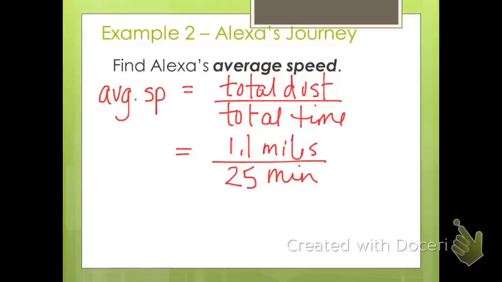And if we assumed that on every time interval she went the same constant speed, then if her average speed was the same over all those time intervals, we would call that constant speed.